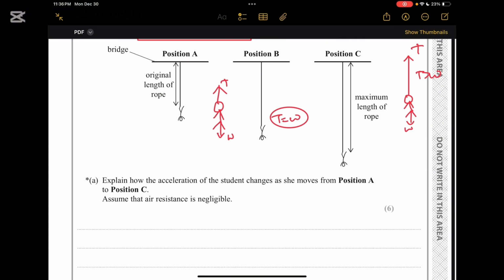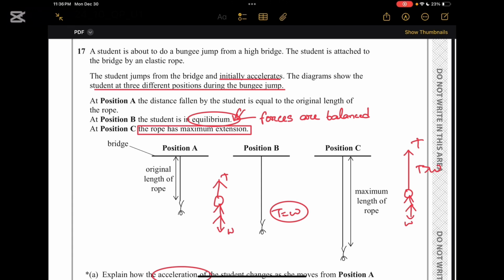What they have asked is to explain how the acceleration of the student changes as she moves from position A to position C. The air resistance is said to be negligible. All right, we can understand them. At the point where the distance fallen by the student is equal to the original length of the rope, it has just fallen downward. Here the tension is greater than the weight.